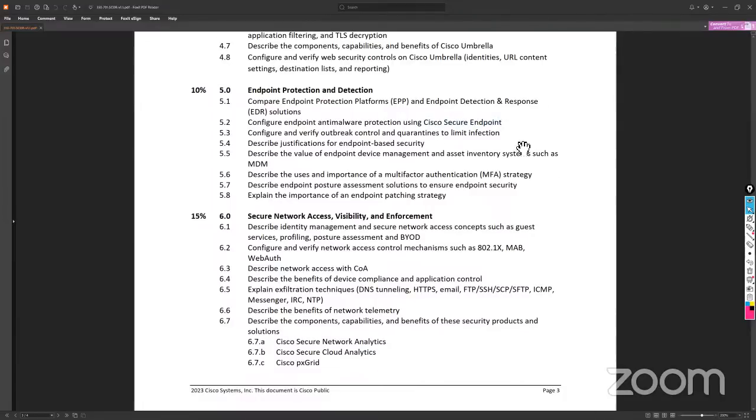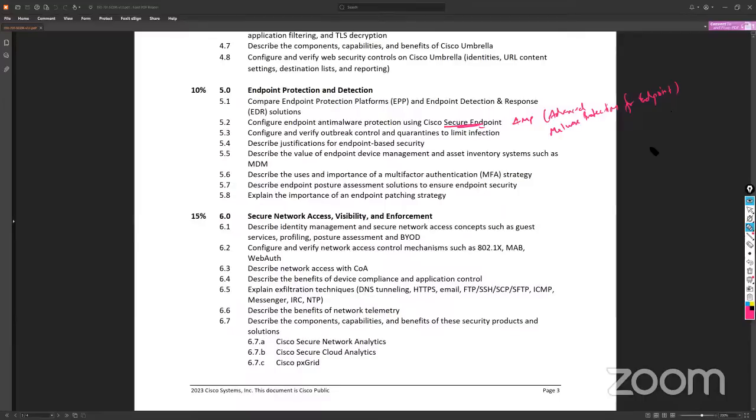Previously it used to be called AMP, or Advanced Malware Protection. We used to call it AMP for Endpoint because it is running on the endpoint itself.